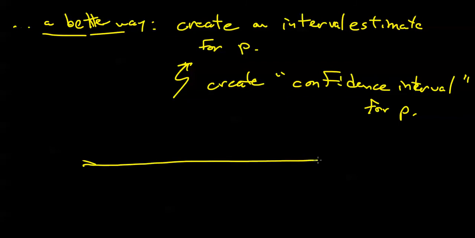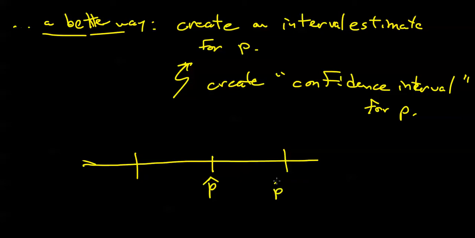Let me give you a visual interpretation of what's going on here. Basically, I'm going to take a sample and consider a point estimate, namely the sample proportion with some desired characteristic of interest. That's a p hat there.